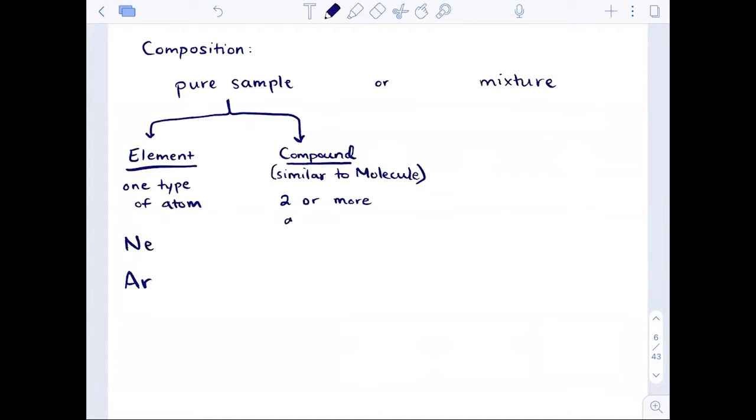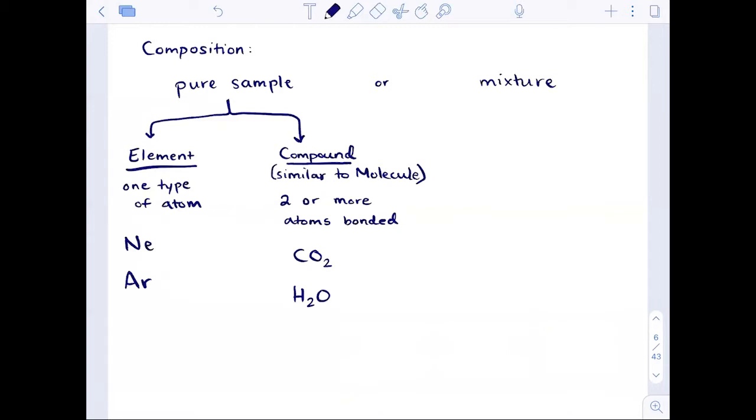But those atoms are bonded together. So a sample of carbon dioxide gas could be pure, it could just be carbon dioxide. However, it is a molecule itself. Same thing with a sample of water, H2O.